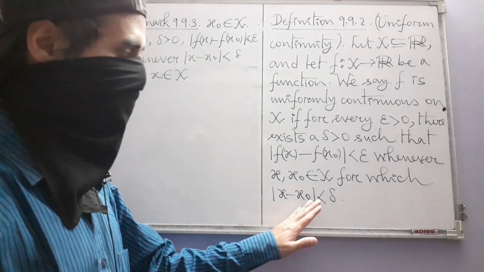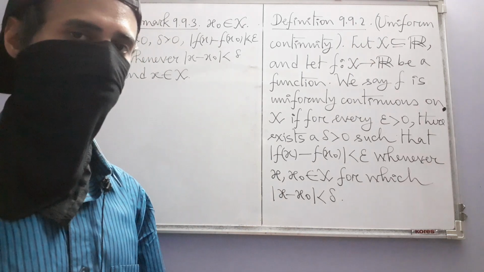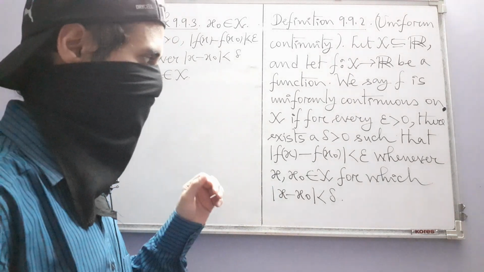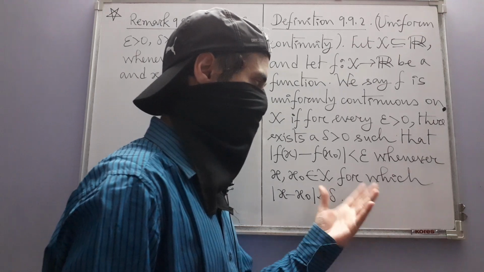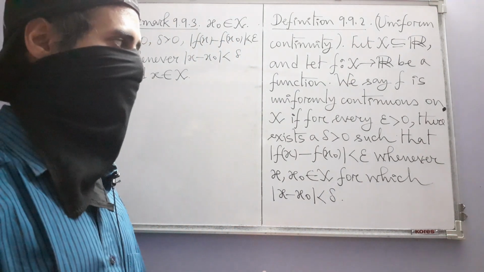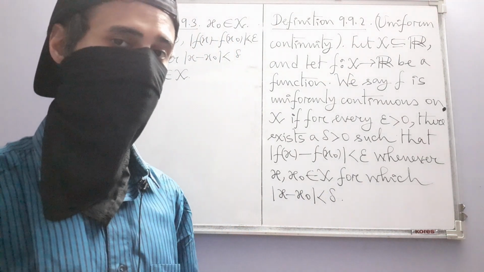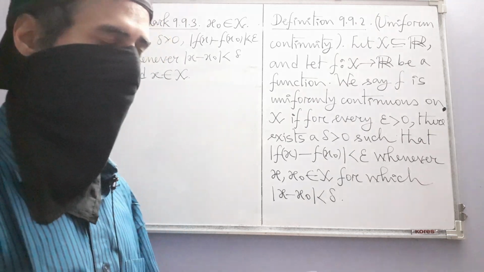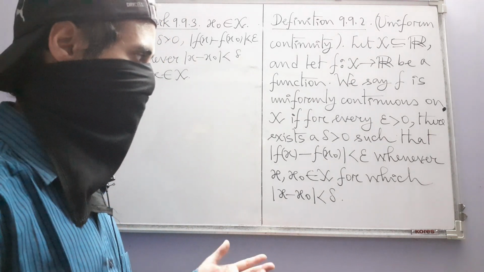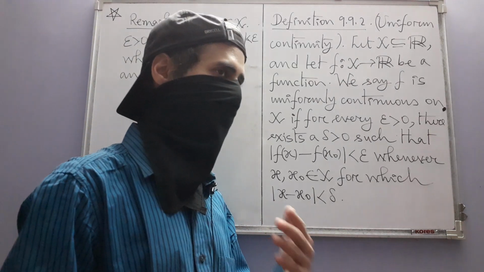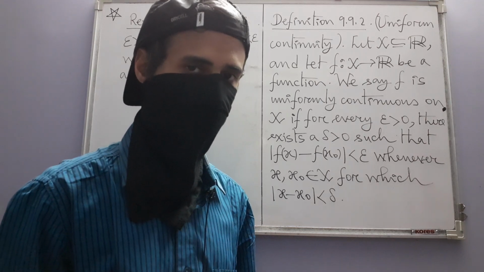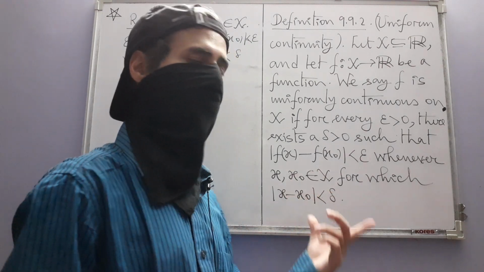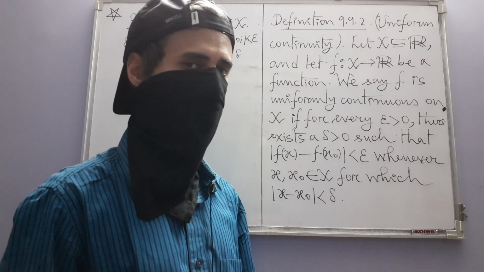Whatever we have gone through so far in analysis, we have always tried to formulate in terms of sequences, and this time also we are going to do that. For continuous functions we have a sequential formulation. For uniform continuity also we will have a sequential formulation.